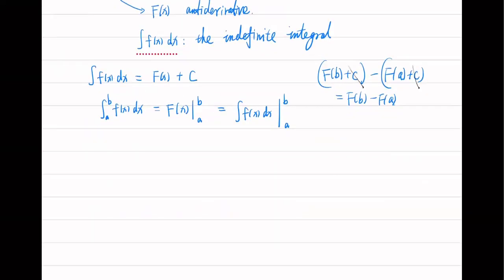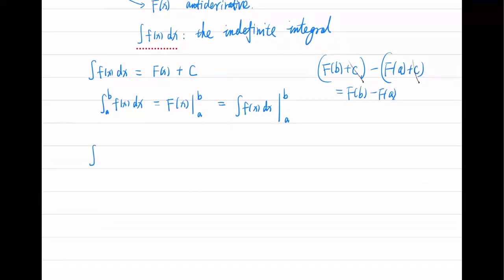Okay, let's have some practice with this new notation. The indefinite integral of x cubed, Zichen. It will be the antiderivative plus c. Okay, so that's the indefinite integral.